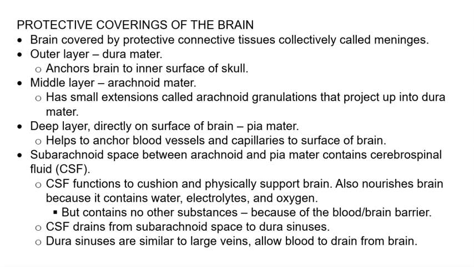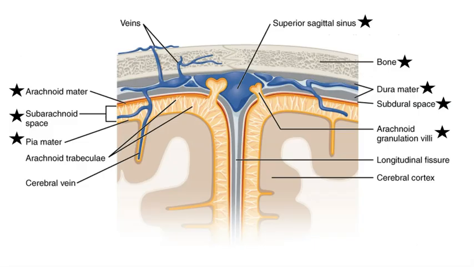These are little extensions of the arachnoid mater that project up into the dura mater, and some of these projections will project up into large cavities, which collectively function as veins, which I'll show in this diagram here.